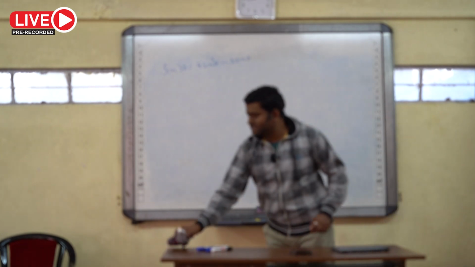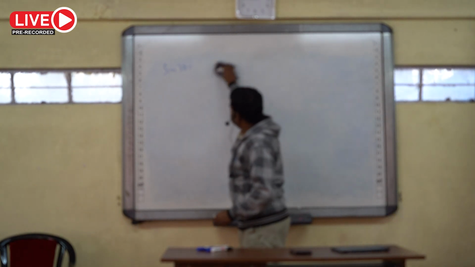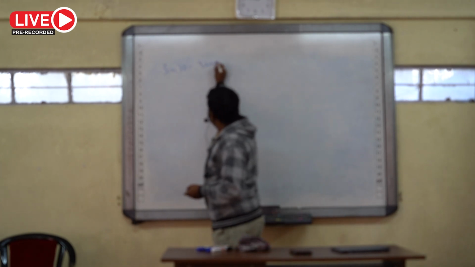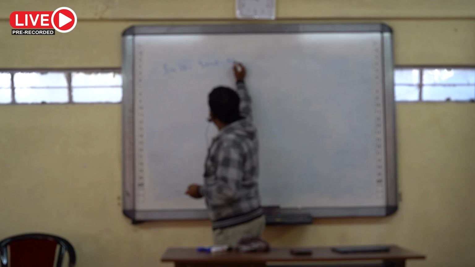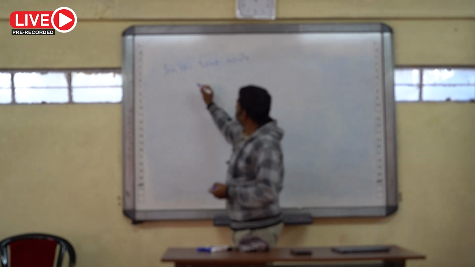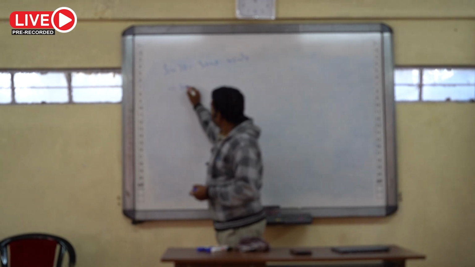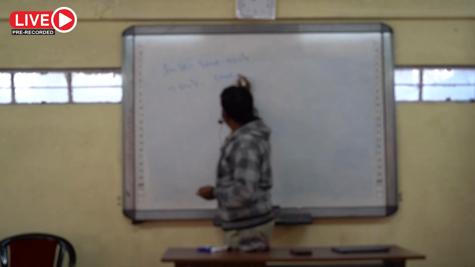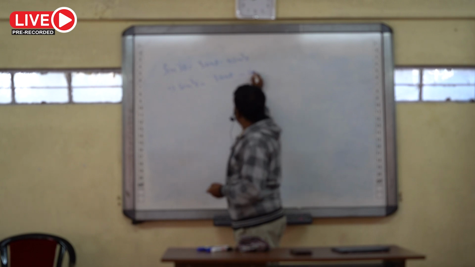I forget the exact relation, something like this: sine 3 theta equal to 3 sine theta minus 4 sine cube theta. So from that I can write sine cube theta equal to 3 sine theta minus sine 3 theta by 4.